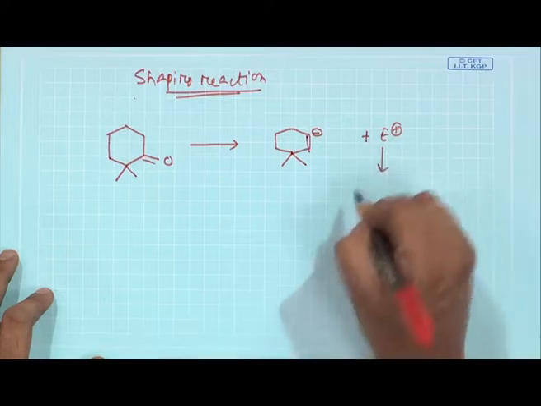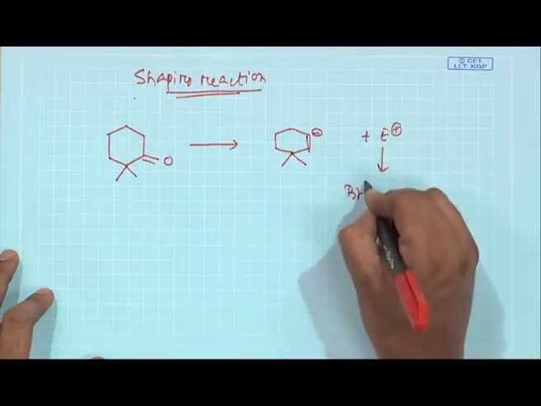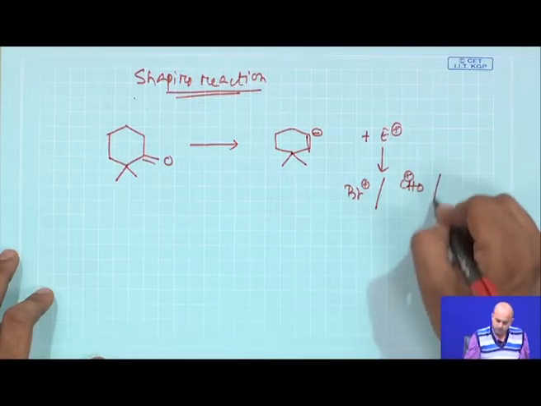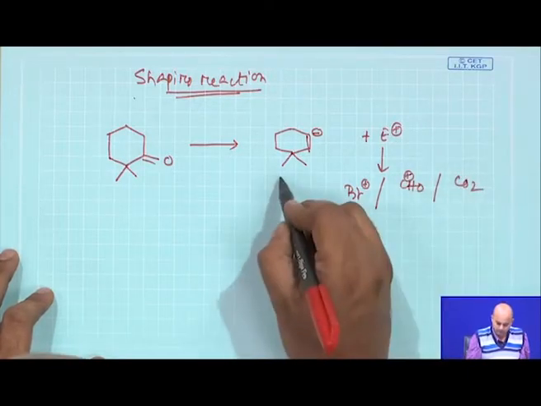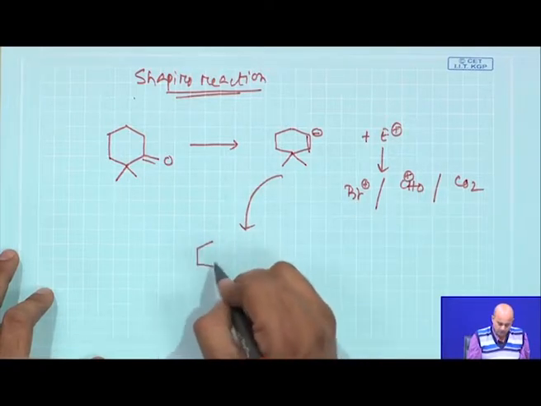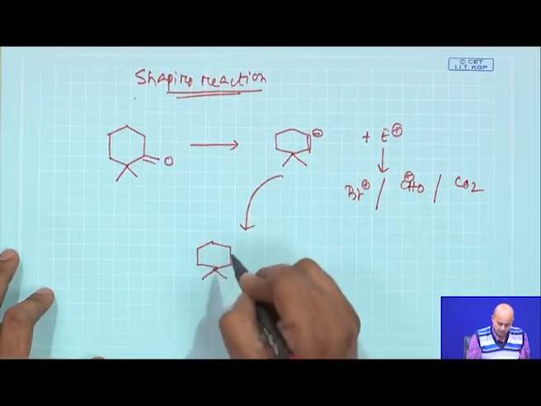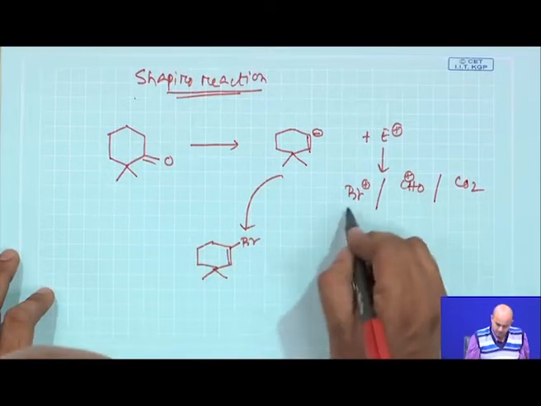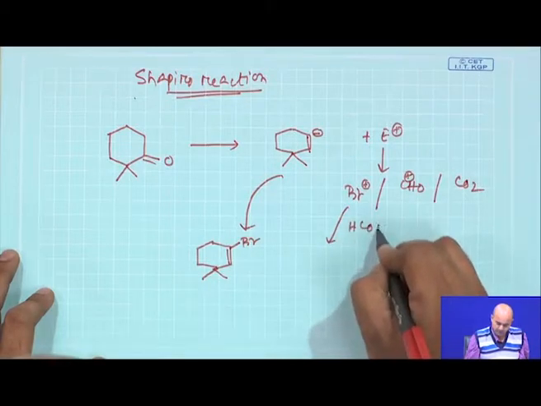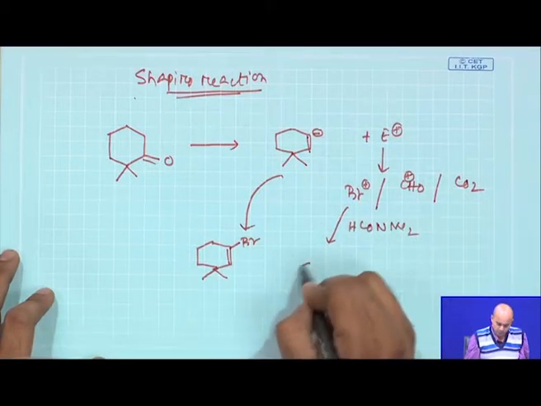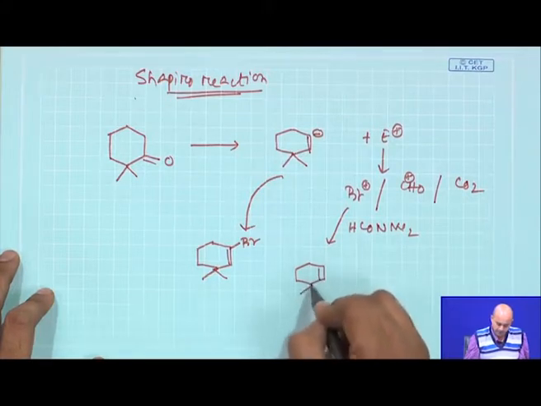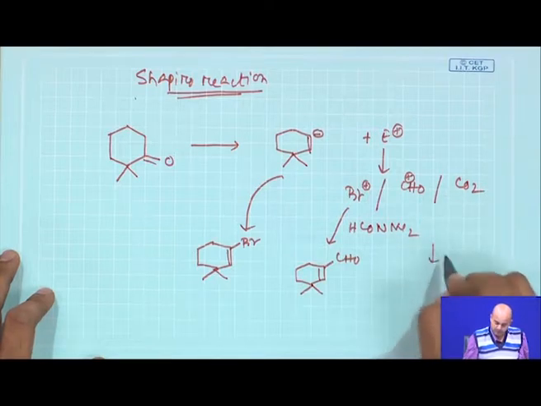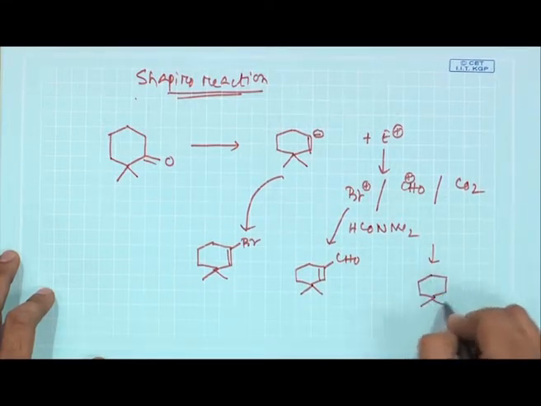The electrophile could be anything, it could be simple bromonium ion, it could be CHO plus, could be other electrophiles like carbon dioxide. So, basically if you react with bromine, it will give you a vinylic bromo species, it will react with dimethyl formamide to give you the corresponding aldehyde, it will react with carbon dioxide to give you the corresponding carboxylic acid.